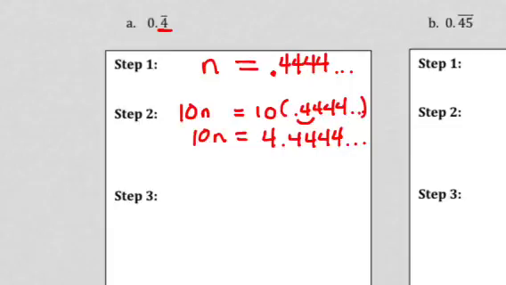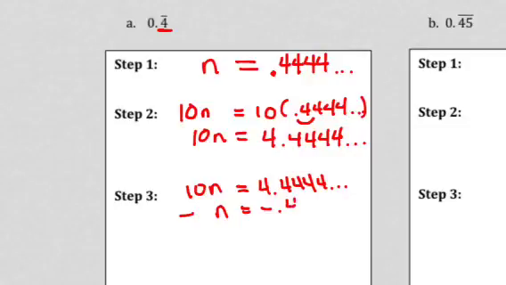Now the third step is to take that result, 10n is equal to 4.4 repeating, and subtract the original n. So we're going to subtract the original n, which is 0.4 repeating.